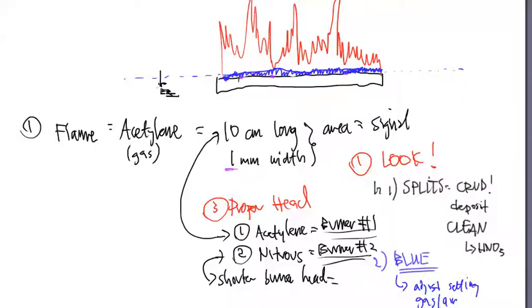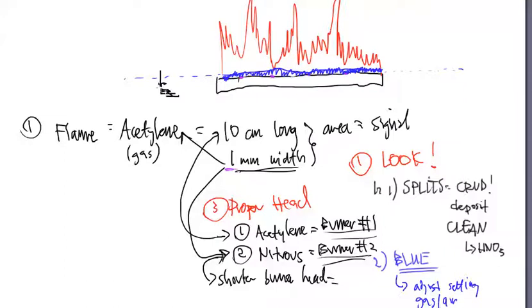They're about half the length of the actual acetylene burner head itself. Okay? The width of them is about the same. 1 millimeter width for acetylene, 1 millimeter width for the nitrous. That dimension's not going to change on you, but the length of the burner head will.